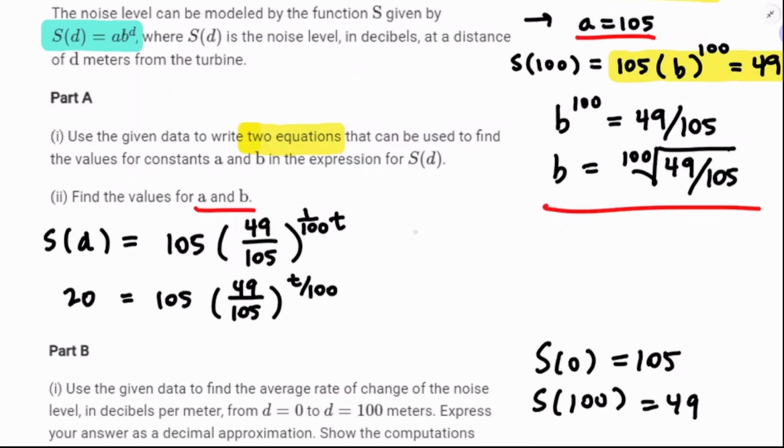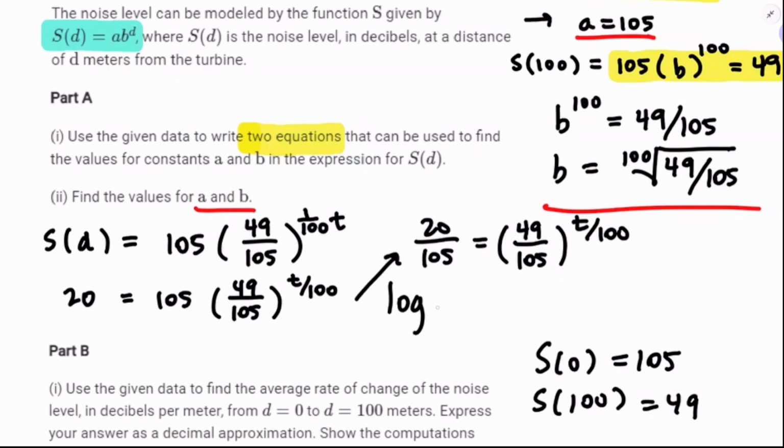So then, all right, keep solving. 20 over 105 equals 49 over 105 to the t divided by 100. Then I'm going to take a log of both sides. The base of the log needs to be the base of the exponential, so this is log base 49 over 105. It's a weird base for a log, but it does work. 20 over 105 is equal to t divided by 100.